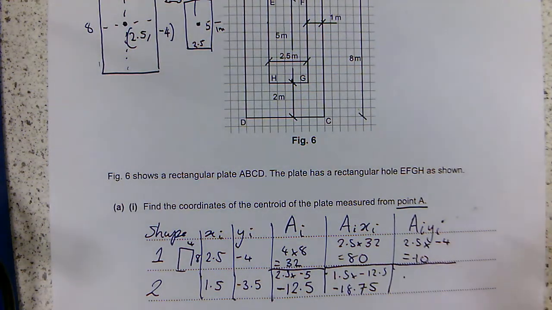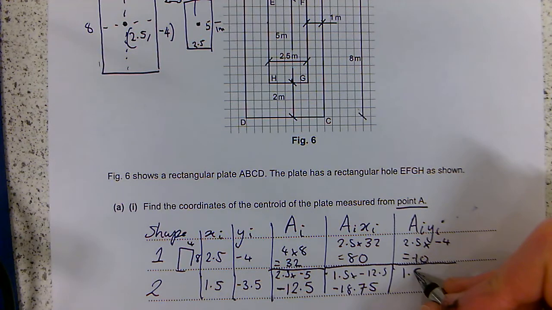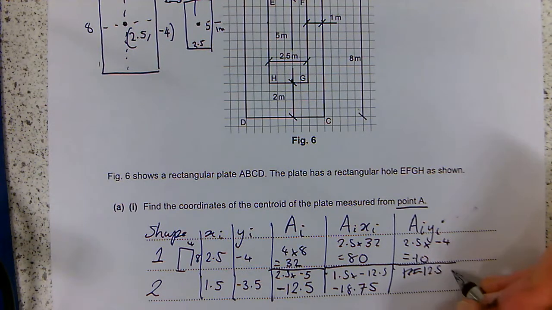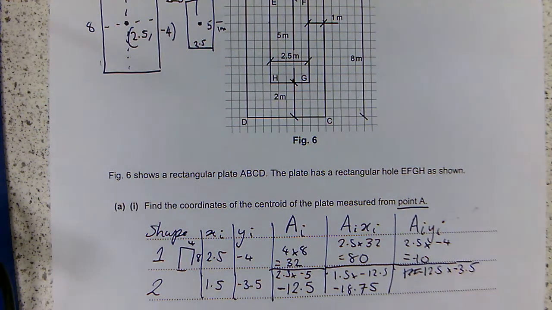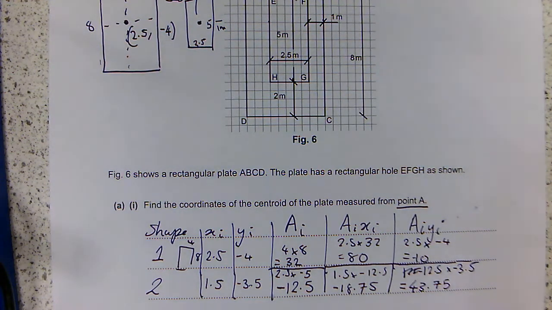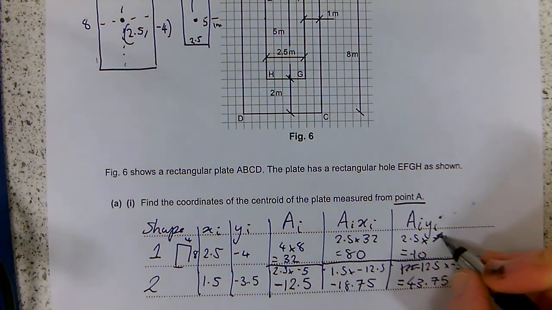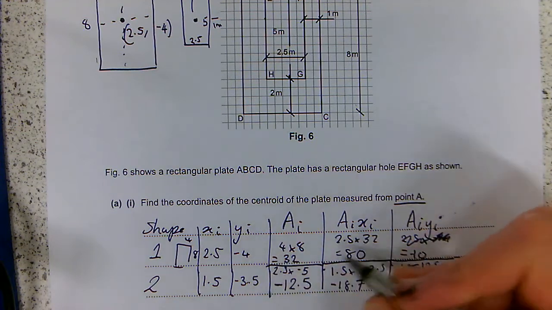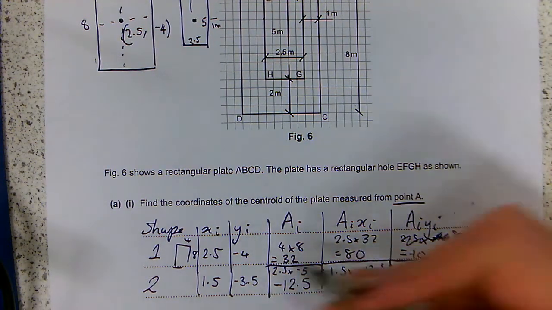And likewise, we're going to do the same here: minus 12.5 times the y coordinate, which is minus 3.5. We have to be careful with our signs here. It comes out as 43.75. I've spotted a mistake. That there should be the area, which is 32, times minus 4.